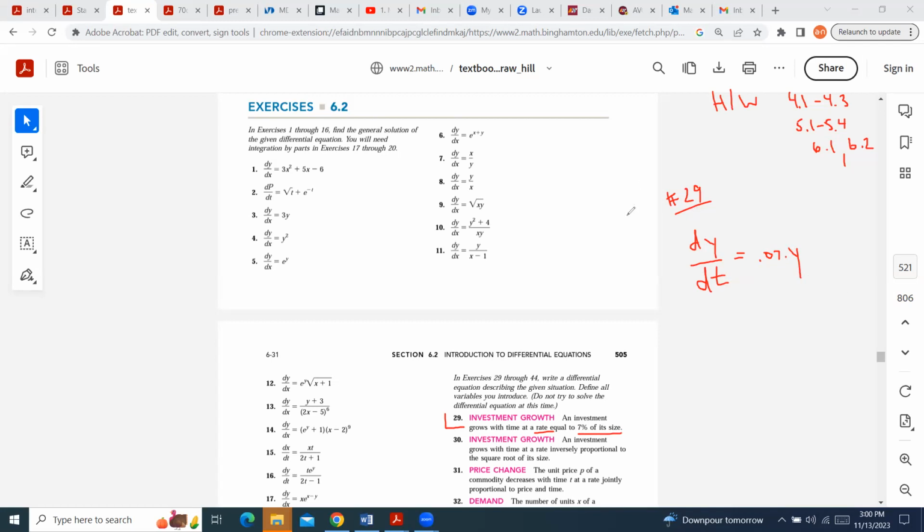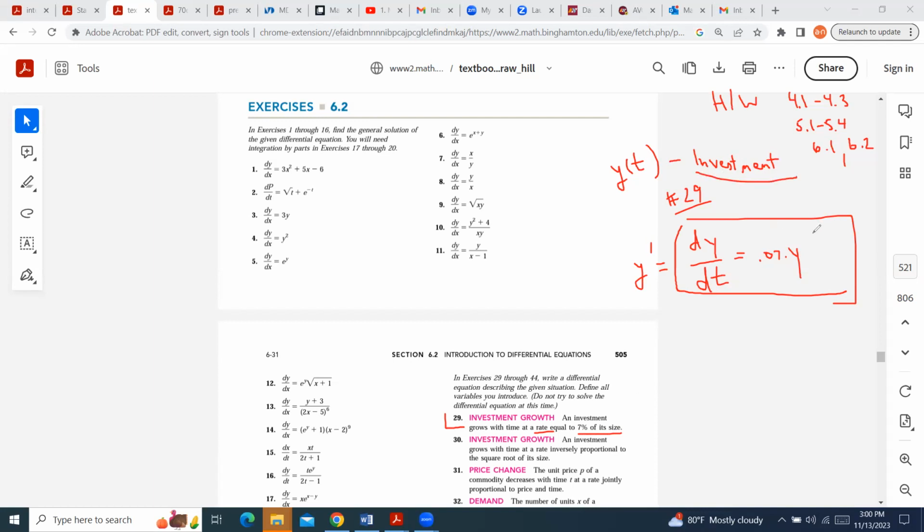Again, if y varies with respect to time, is going to be the investment, then the rate of change of this investment, or derivative, how it changes with respect to the time, is going to be given to us as this equation, 7% of your amount or actual investment.